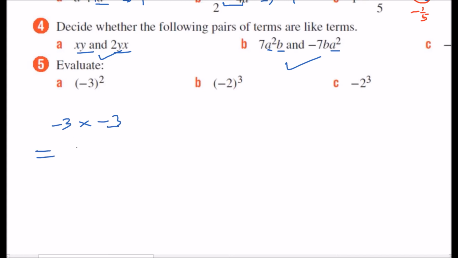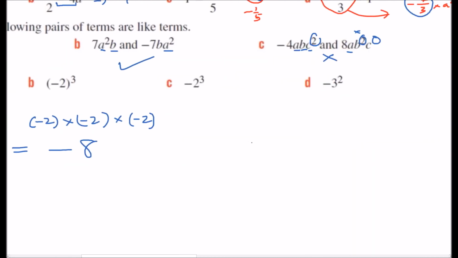So negative 3 times negative 3 is positive 9. This one here, negative 2 to the power of 3, I should use the brackets, is negative 2 times negative 2 times negative 2, 3 times. So negative 2 times negative 2 is positive 4, times negative 2 gives you negative 8.